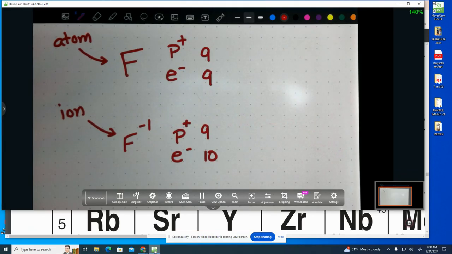There are a couple that'll be full with 2. That's the ones that only have 1 ring, because that first ring can only hold 2. That's the maximum. So hydrogen and helium and lithium and beryllium, they form ions that will have a full valence shell with only 2 electrons in them. Keep that in mind as we go through this.